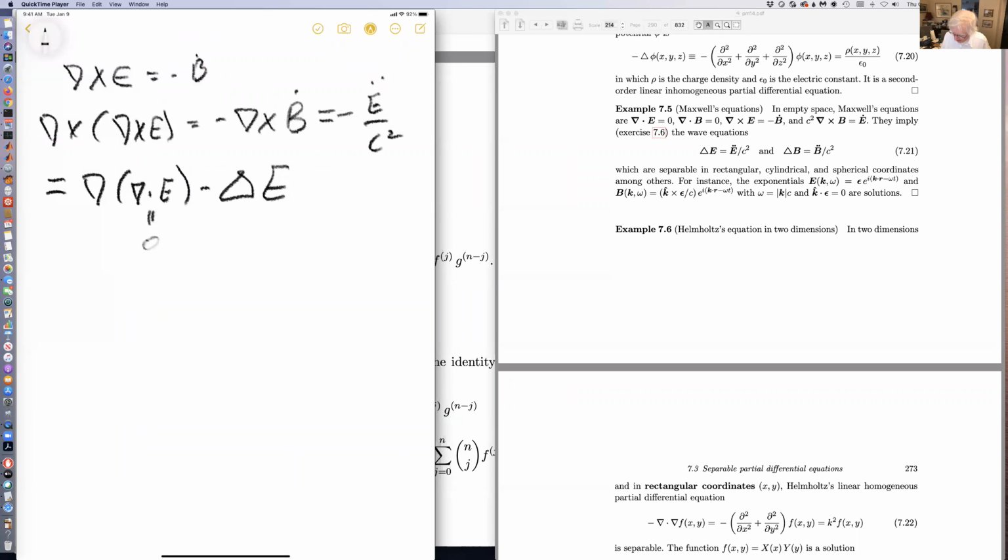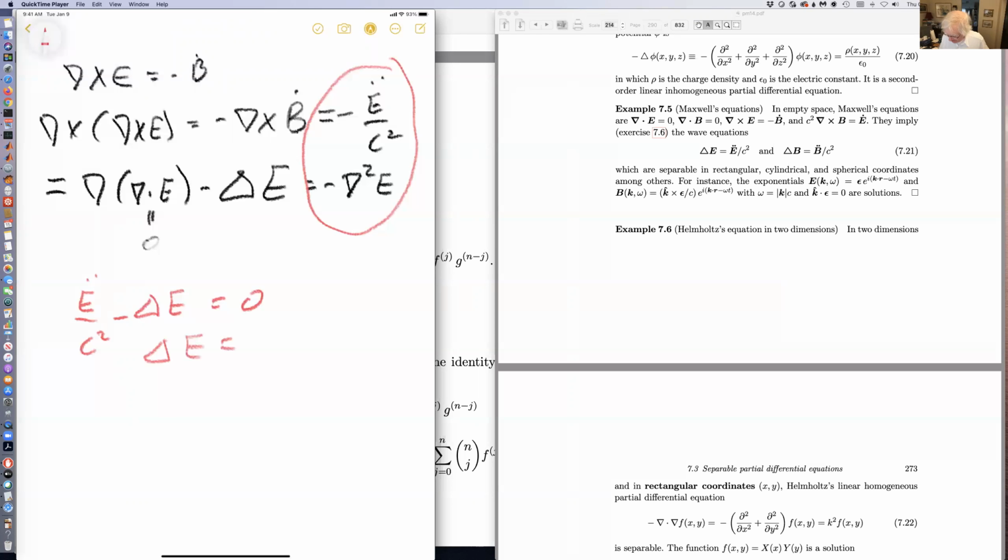And so what we have then is that this is just minus grad squared E. And now we combine these two equations, and that says then that E double dot over c squared minus Laplacian of E equals 0. And so that's the wave equation, or equivalently Laplacian of E is E double dot over c squared.